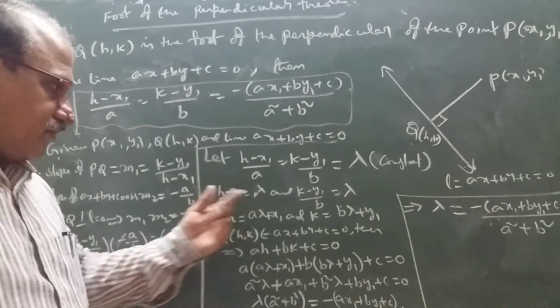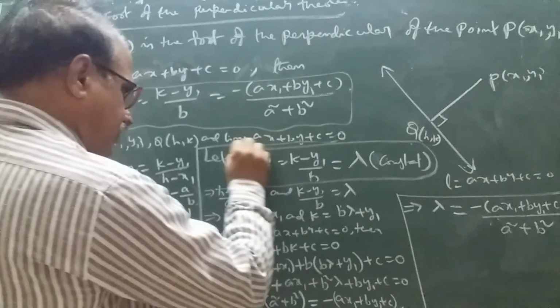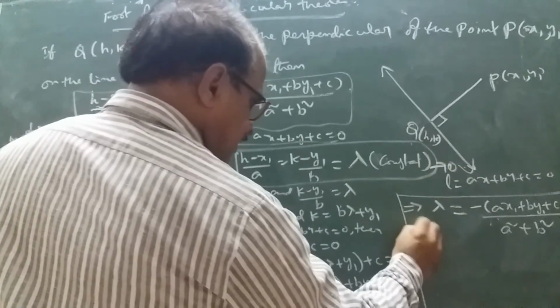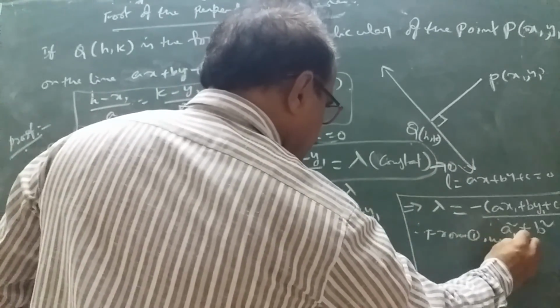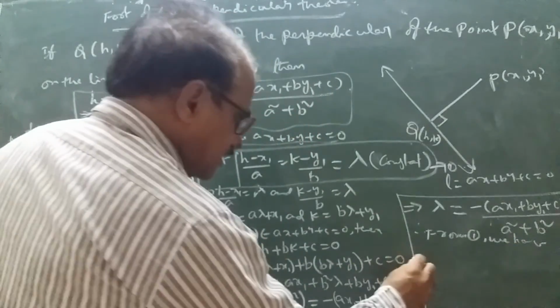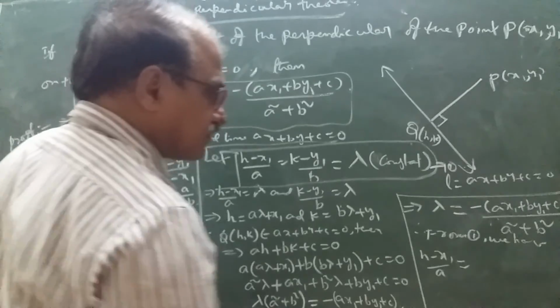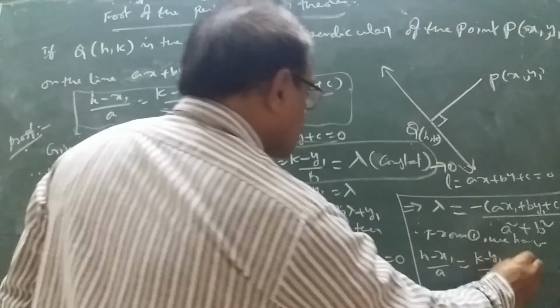If we put this lambda in this equation, call this equation 1. Therefore, from 1 we have (h - x1)/a = (k - y1)/b = lambda.